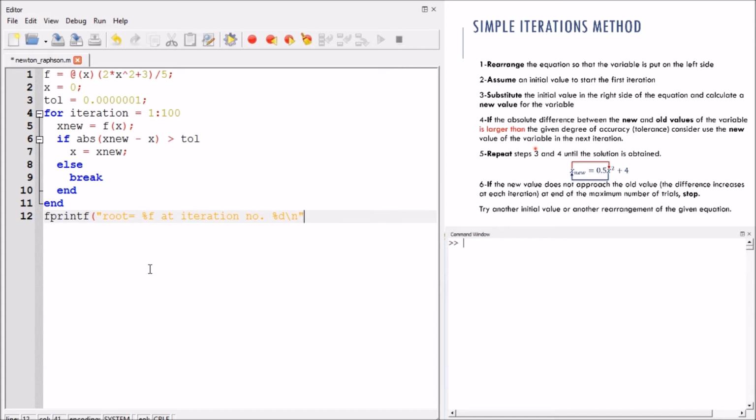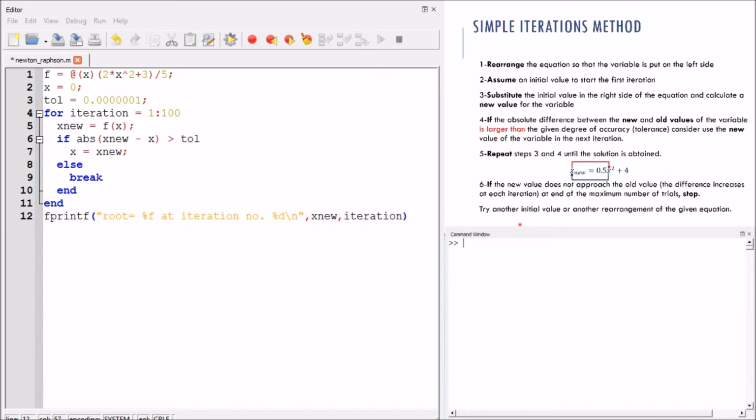So this is the sentence which will be displayed in the command window. So we define x nu and iteration. This is the direct transformation of the algorithm into MATLAB Octave code.